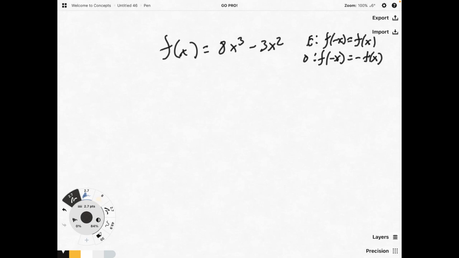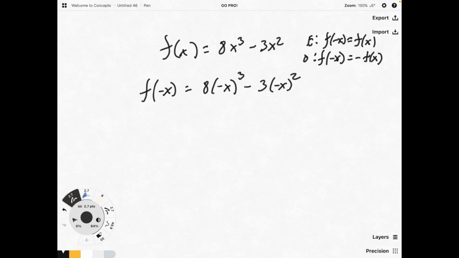When we plug in negative x into the function, we're going to get 8 multiplied by negative x, and then cubed, minus 3 multiplied by negative x, and squared.